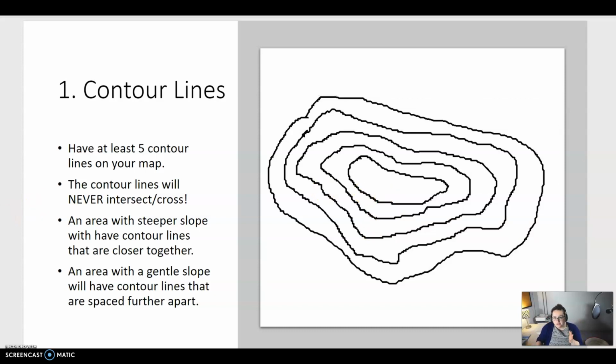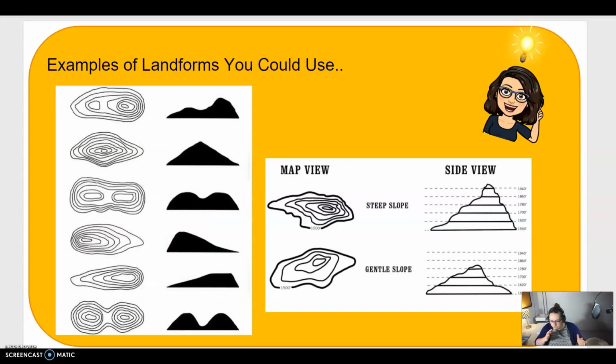So for some examples, if you're thinking about these landforms and you don't know how to draw them, here's some I've included on the left. If I have 2 hills or mountains, the contour lines would look like this on the left. So I've given you some ideas here to go off of. And then I've also included pictures of what a steep slope looks like versus a gentle slope.